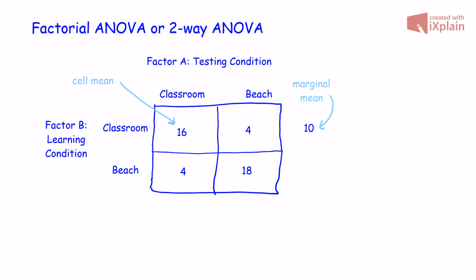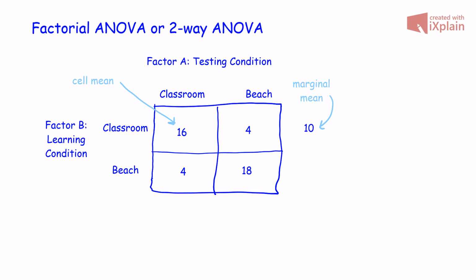Really what you're doing is you're taking the average of everyone who was in the learning classroom condition. If you have an equal number of people in this condition and in this condition, then you could just take the average of these two means, and it'll give you the right answer.